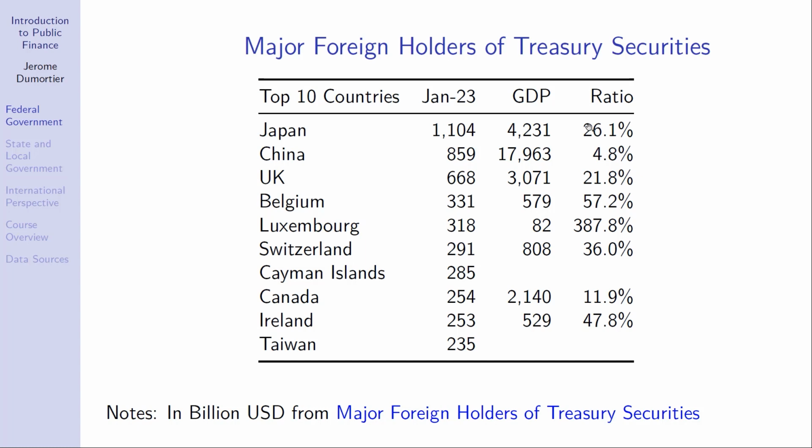You see that, for example, China does have a large share in US debt, but it only represents 4.8% of their economy. Now, I would like to point out Luxembourg, that they hold about $318 billion of US debt, which corresponds to close to 390% of the GDP.